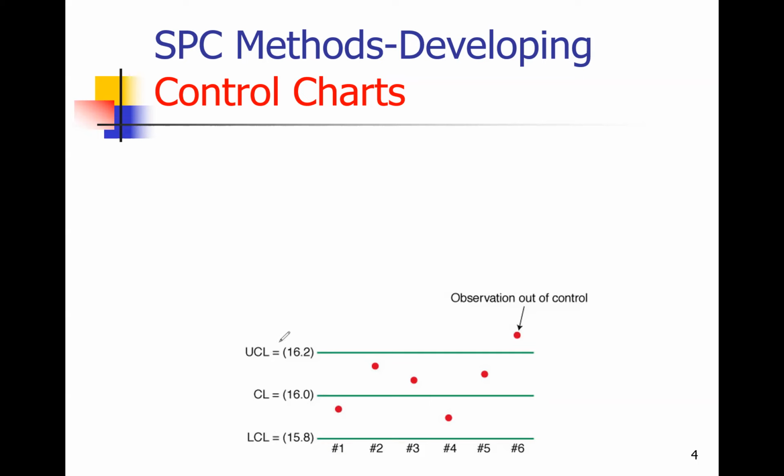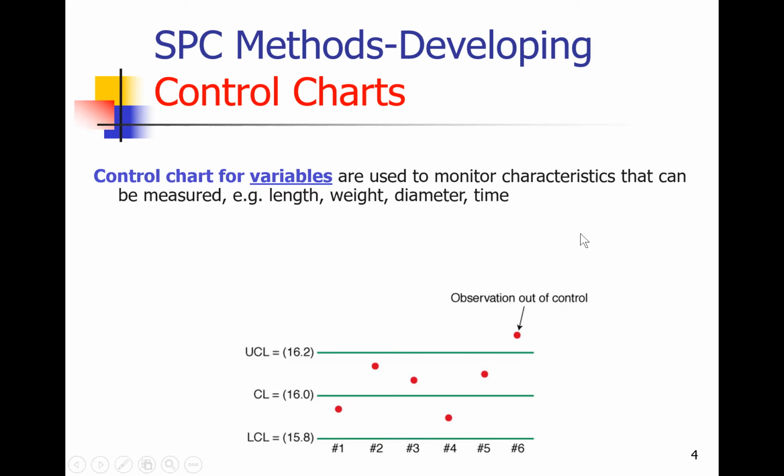The operations manager or quality control manager takes extra care of this out of control or outlier observation. This is the signal that some abnormal operations are happening in the factory.